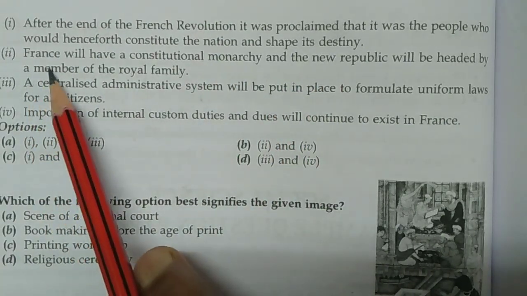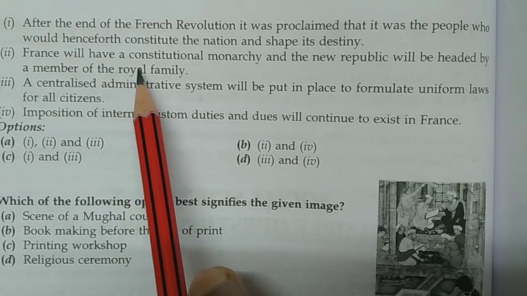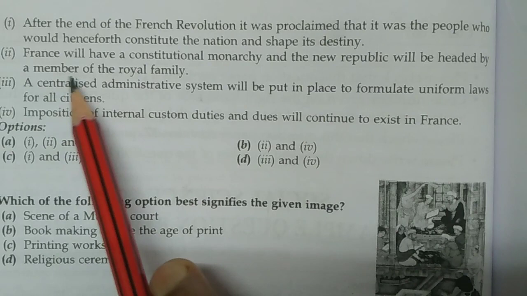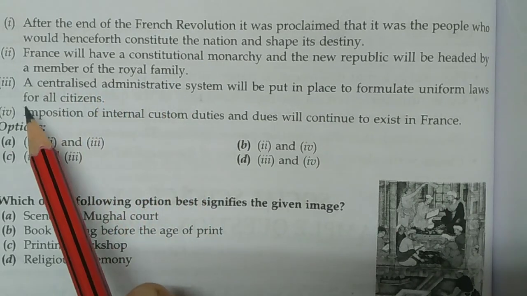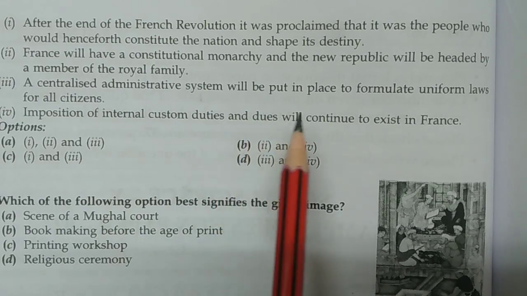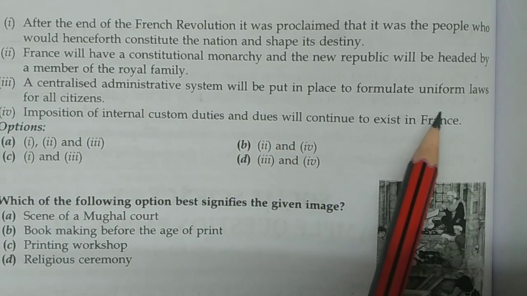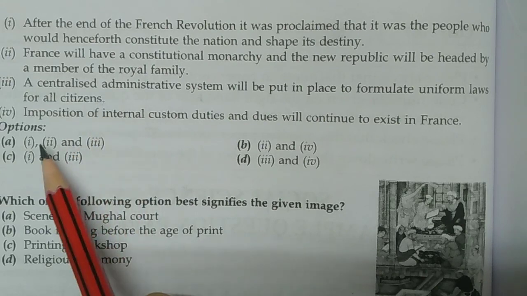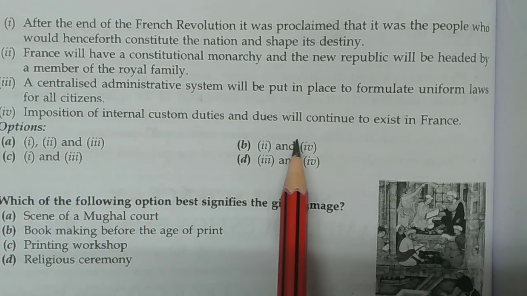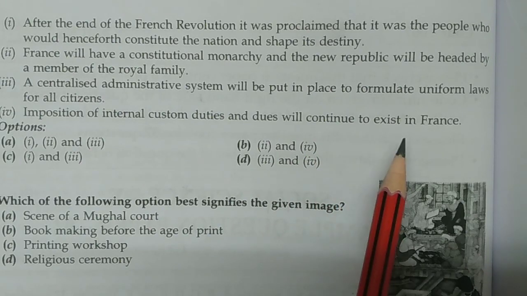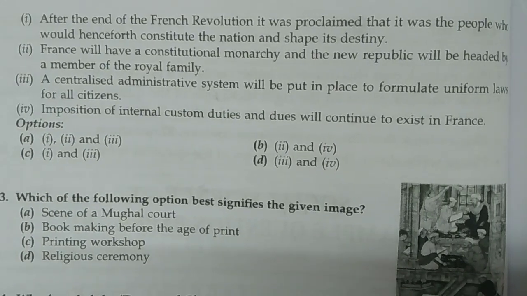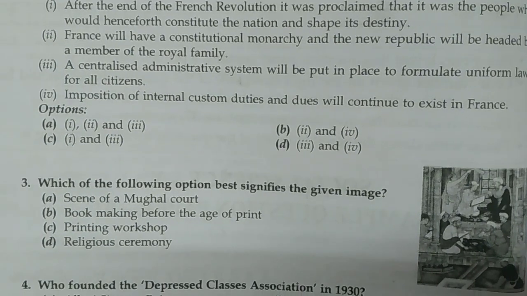Second, France will have a constitutional monarchy and the new republic will be headed by a member of the royal family. Third, a centralized administrative system will be put in place to formulate uniform laws for all citizens. And fourth, imposition of internal customs duties and dues will continue to exist in France. So you have these options. You can choose the correct option which is suitable for this question.